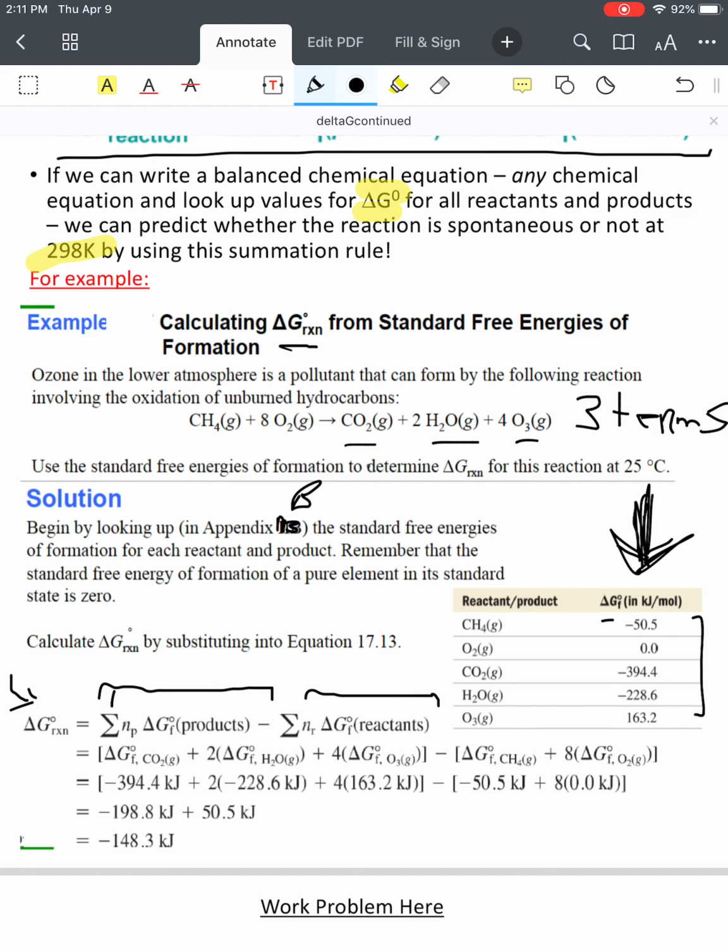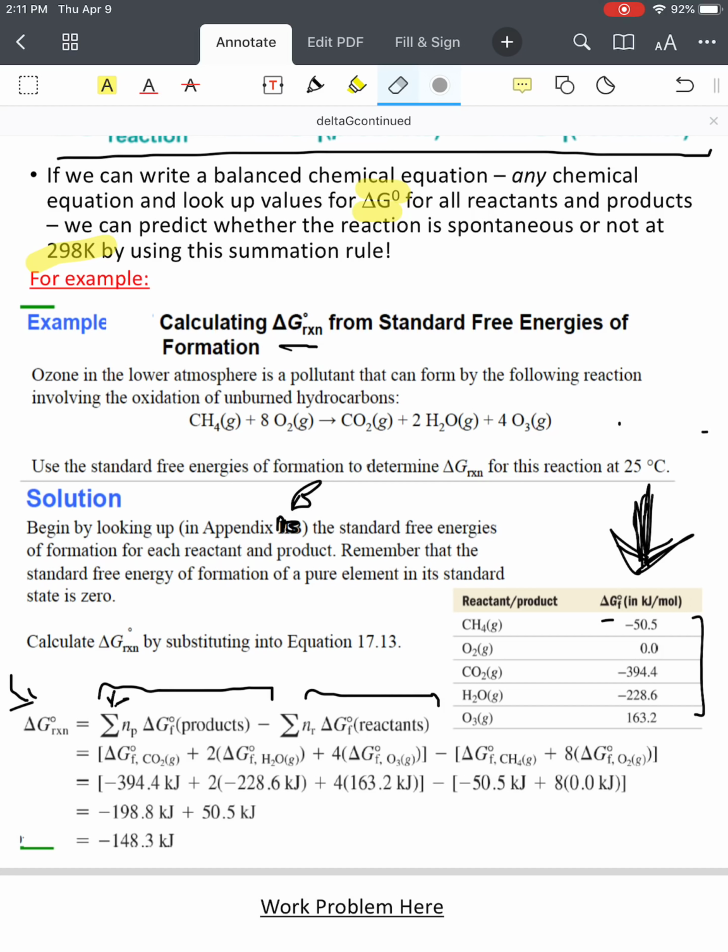And this summation notation just tells us to add up all the terms for the products. So we have 1 term for CO2, a second term for water, and a third term for the ozone. So 3 numbers added together, 1 for each product.